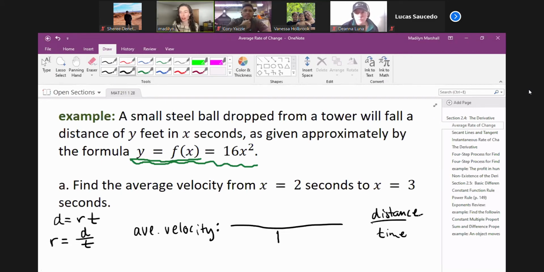We don't need to take the square root because we're not going to need to solve for x. We're just finding the y's. So our distance would be the distance that the ball is traveling between 2 seconds and 3 seconds.